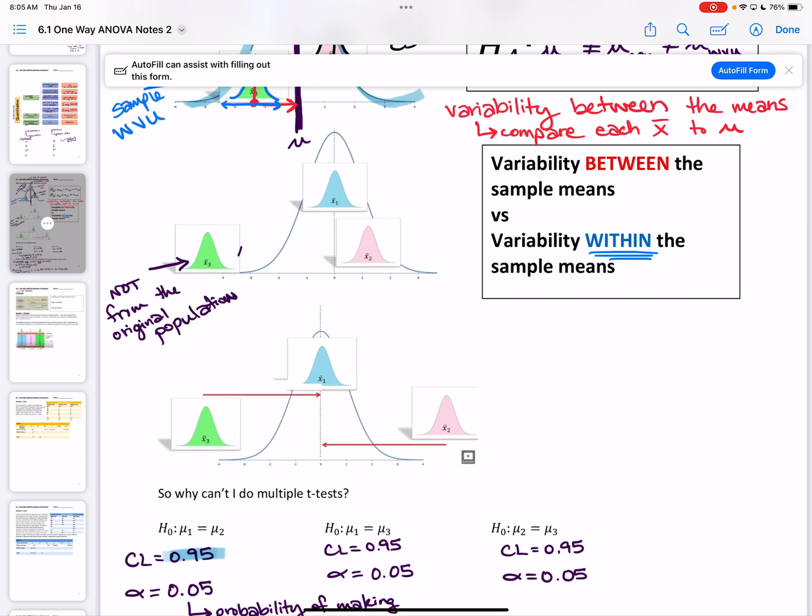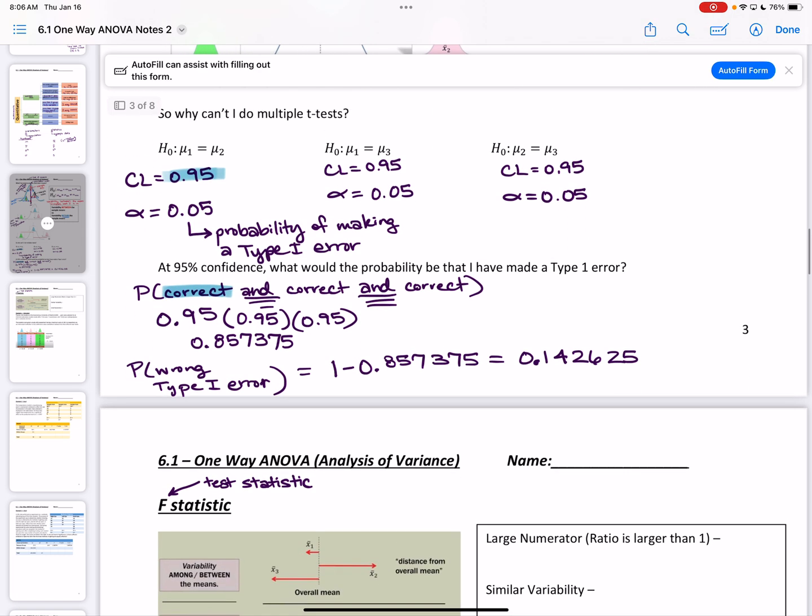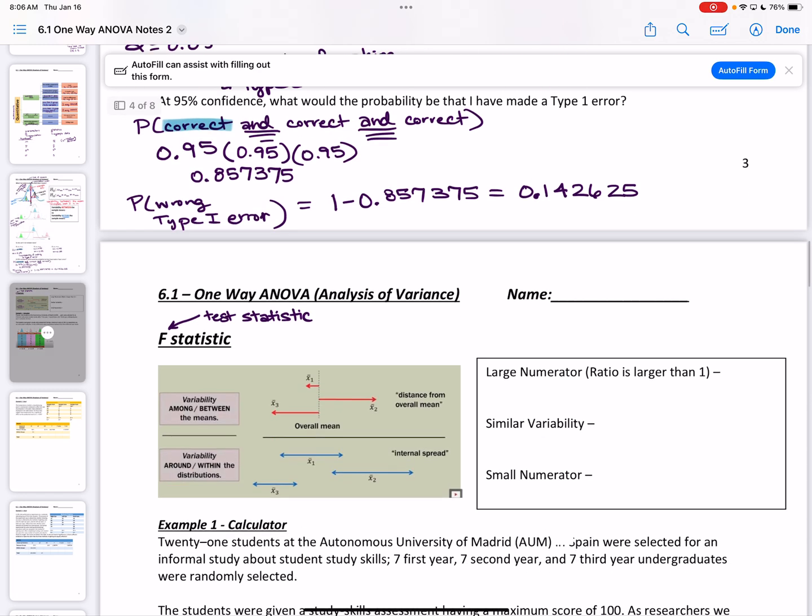And so again, we would probably get reject, that they're not equal, okay? We talked about why can't we run multiple t-tests, and the reason was it increases your probability for a type 1 error. Yep, good. So the next thing we were going to discuss was the F test statistic, okay?